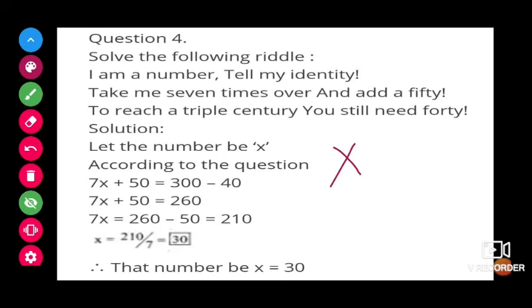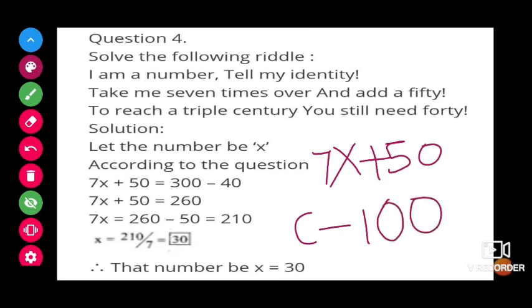Take me 7 times over and add 50. And you will reach triple century. Century means how much first? 1 century, I think so. All of you know, because we will be watching the cricket. 1 century will be equal to 100.